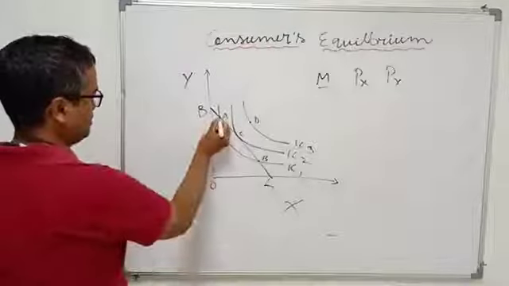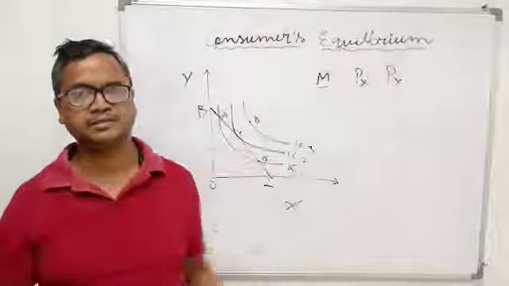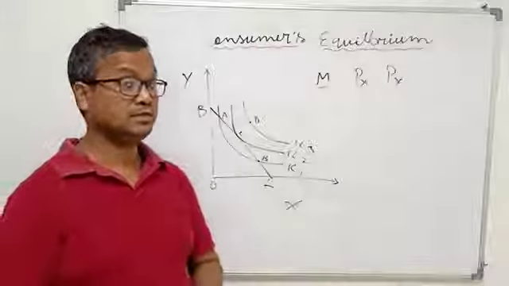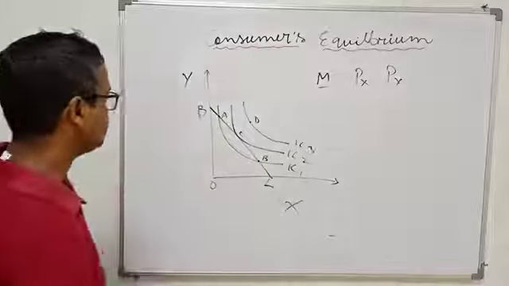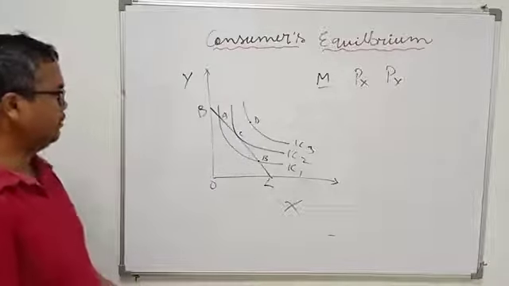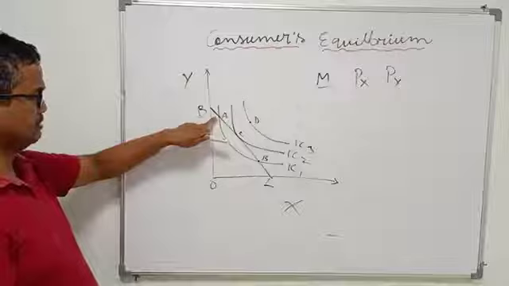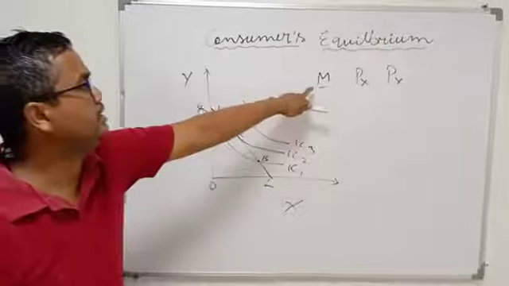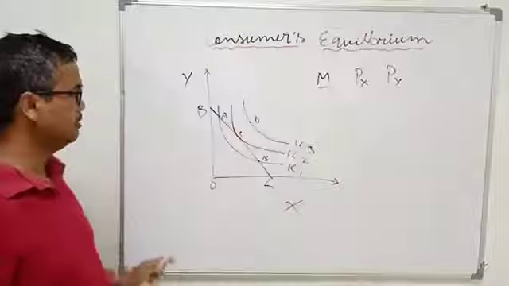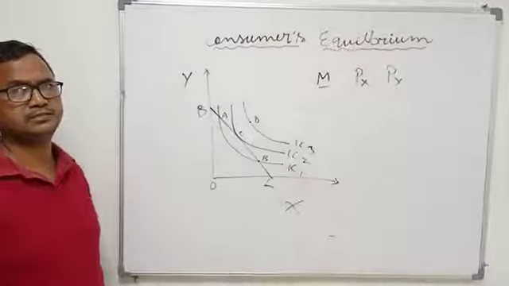So at point A, let's start, where the consumer will be in equilibrium, provided the given money income, price of X and price of Y. At which level of satisfaction can he or she attain? Suppose the consumer chooses combination A. Whatever money he or she has, he or she has to spend all the amount, and the satisfaction level will be measured by indifference curve 1, IC1.